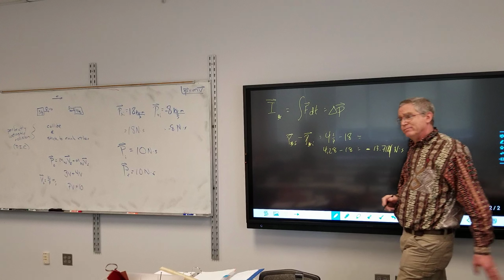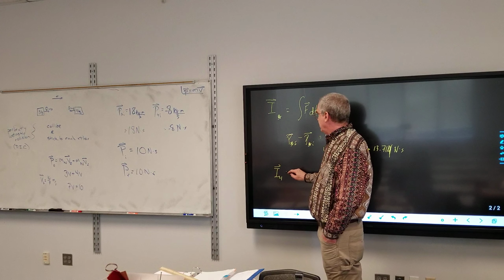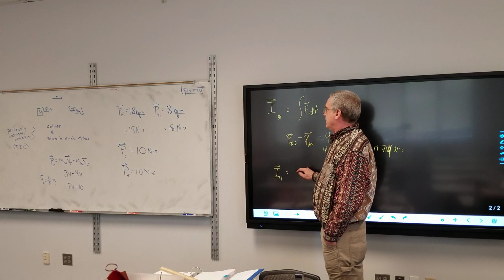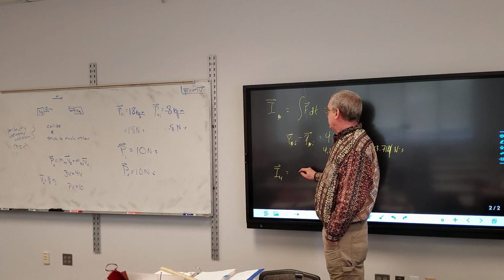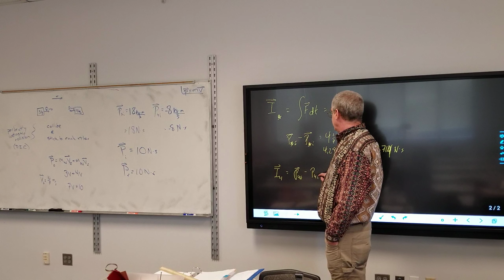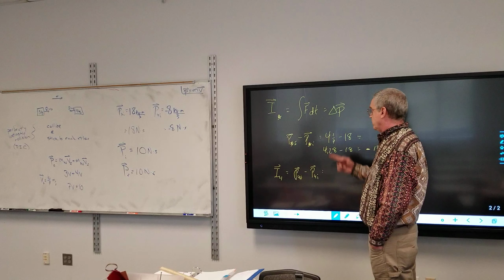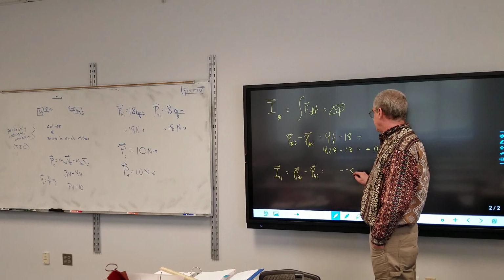All right, what's the impulse on the 4 kilogram mass? So that would be P4 final minus P4 initial, which is, well, initial is -8, so minus -8.